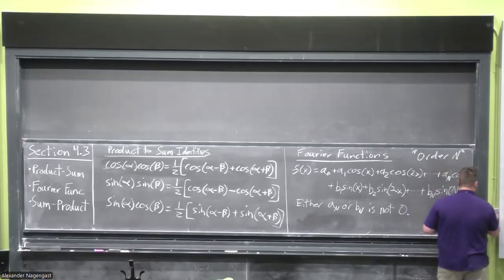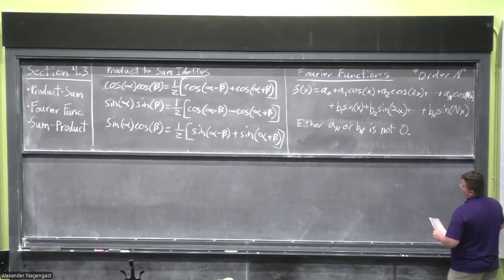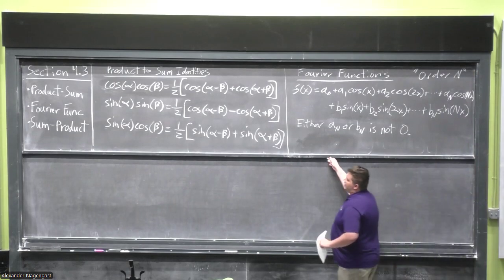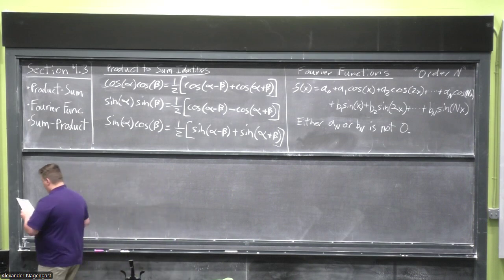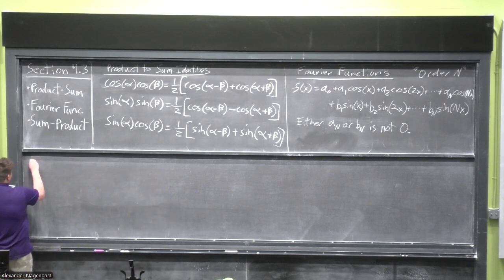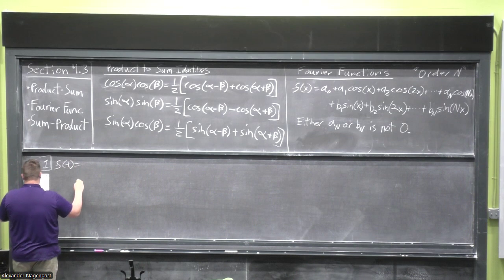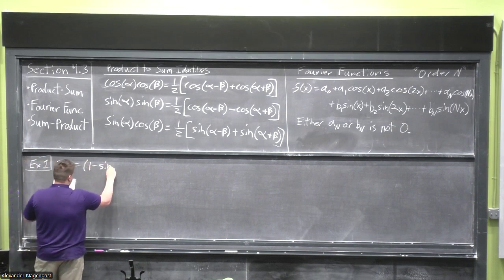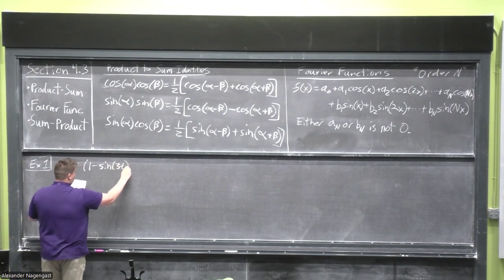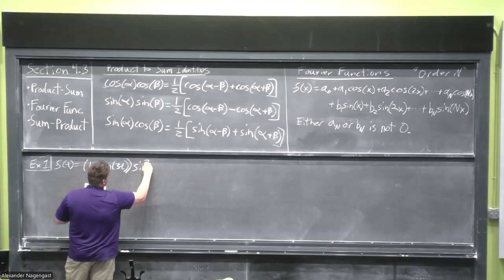So let's have an example of a Fourier function, but we have to define it using the product to sum identity. So example 1, let f of t be equal to 1 minus sine of 3t, and we're going to multiply this by sine squared of t.